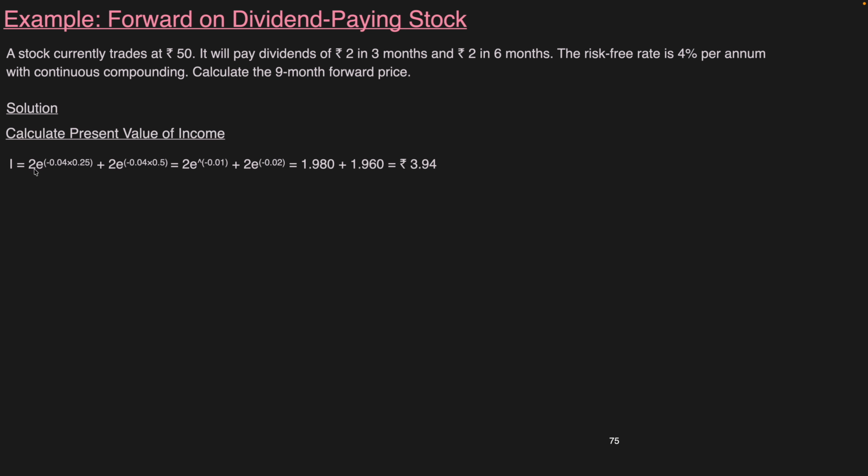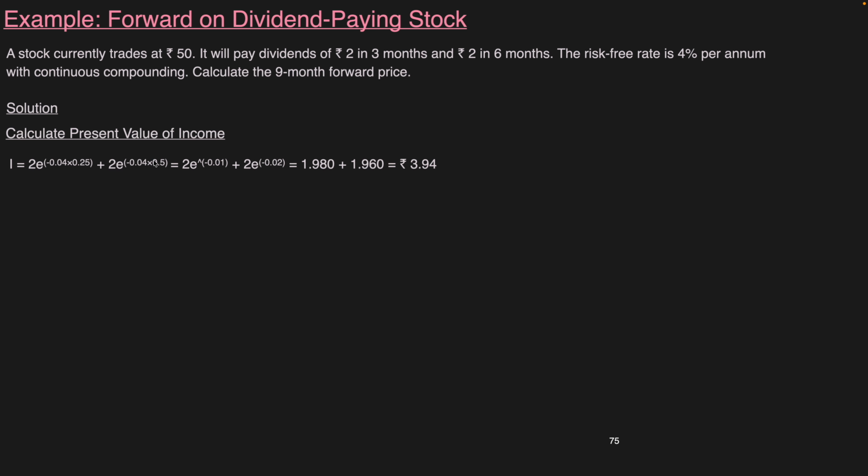I is equal to 2 into e to the power of minus 0.04 into 0.25, since the income is generated after 3 months, so the time is 3 by 12, which is 0.25, and the annual risk-free interest rate is 4%. Similarly, the present value of rupees 2 received after 6 months will be 2 into e to the power of minus 0.04 into 6 by 12.